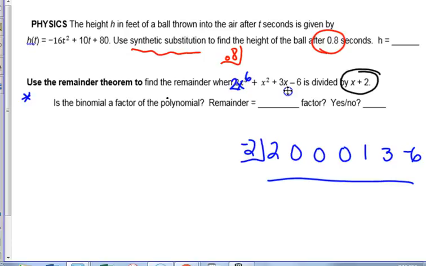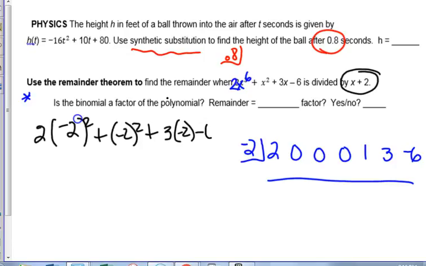Plug in what? The 0. Which is -2. So you would do 2 times -2 to the 6th plus -2 squared plus 3 times -2, minus 6. Oh, this was a 6th, yeah. Okay. I'm pretty sure that's not 0 because I'm thinking this is going to be a pretty big number that this is not going to get rid of, right?